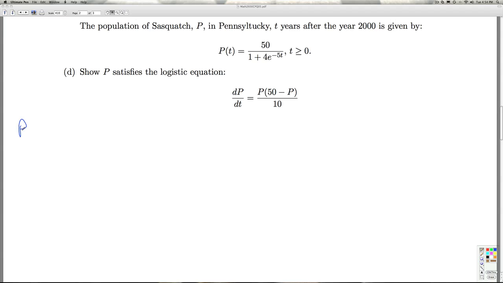So let's start with P times (50 minus P) over 10, and substitute P into that. I'm going to leave the 1/10 as a fraction out front and just have P times (50 minus P).